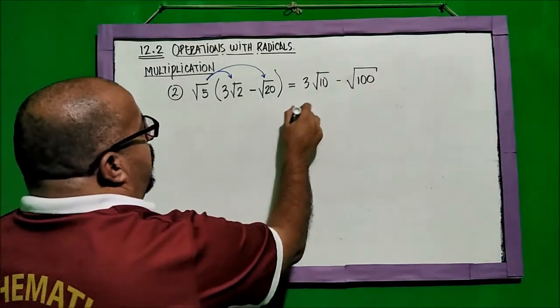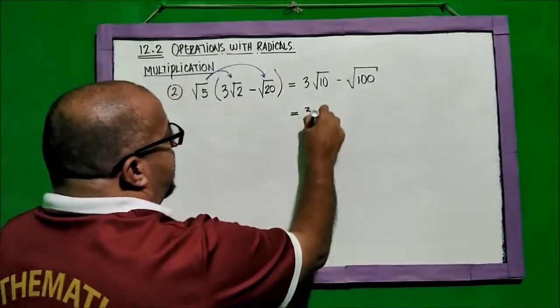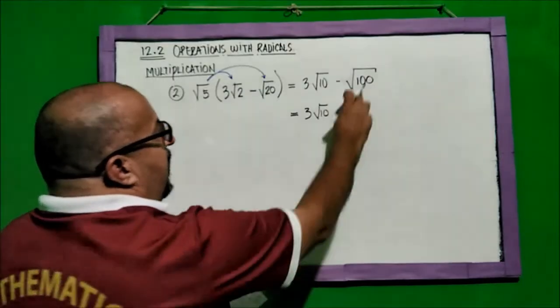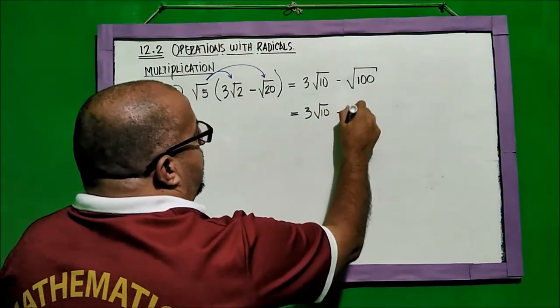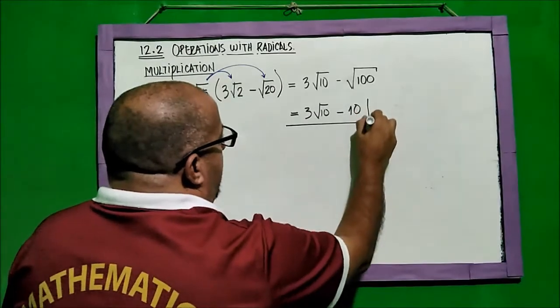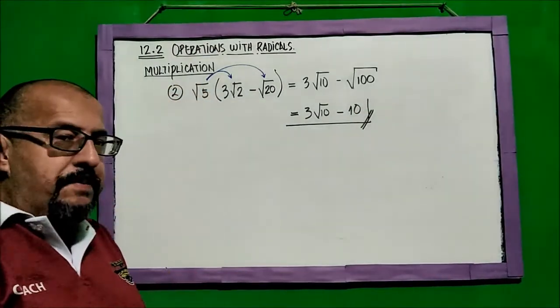Okay, we proceed to do a simplification of this. 3 square root of 10 stays exactly as it is because we cannot do anything with the 10. But the square root of 100 is a perfect square, and that value is equal to 10. Therefore, this will be my final answer in simplest radical form.